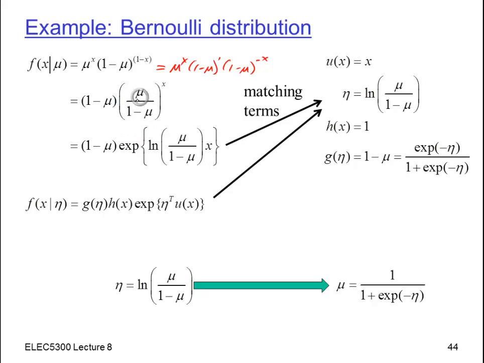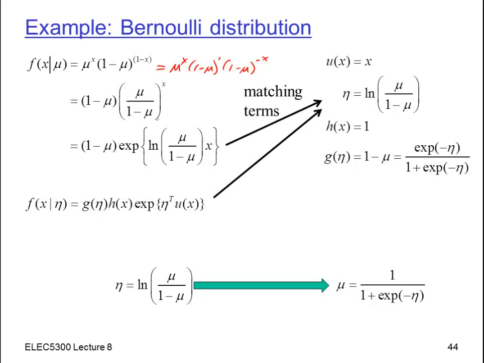That really doesn't do anything, but when I take log of this to the x, it's the same as x times log of that. And so this is the general form of the exponential family of distributions, and so all I have to do is match terms between here and here.